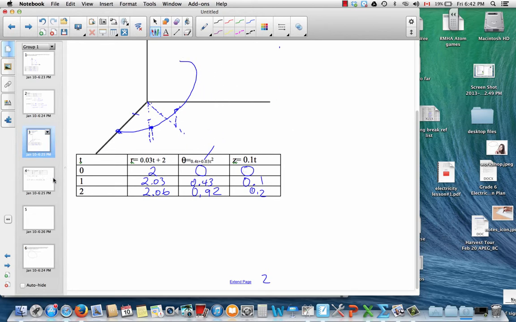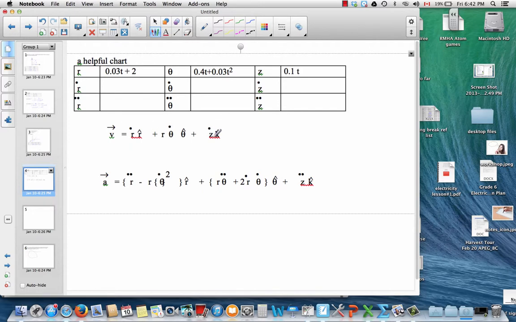Now in terms of the components, we just add a z dot velocity, that's the z velocity, and a z double dot acceleration. Well, in this case, there's constant z velocity and no z acceleration. And then once again, we just do the derivatives to find r dot, that's 0.03 by the way. Theta dot is non-constant here, it depends on time, and we have a theta double dot term of 0.06.